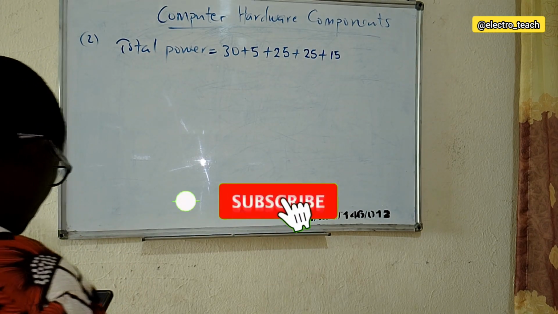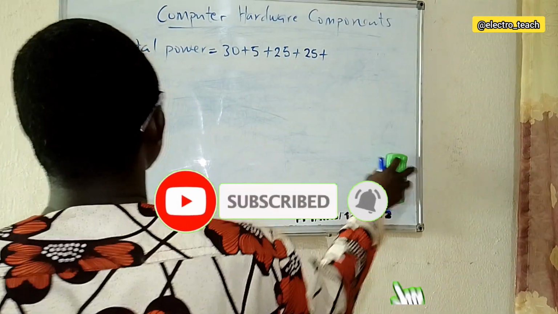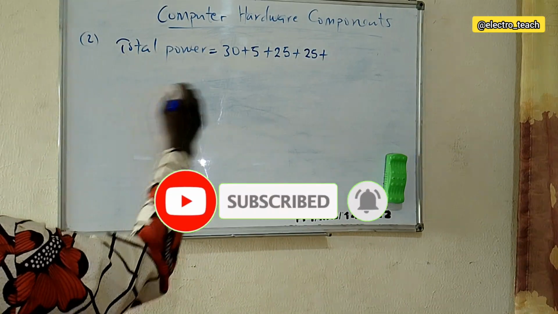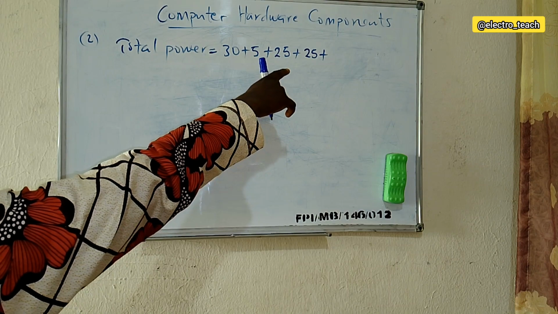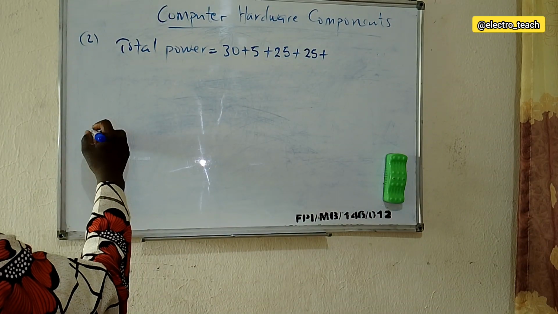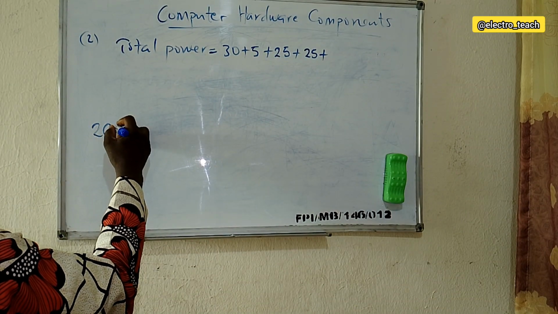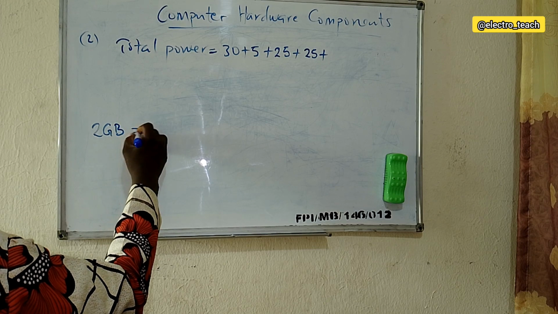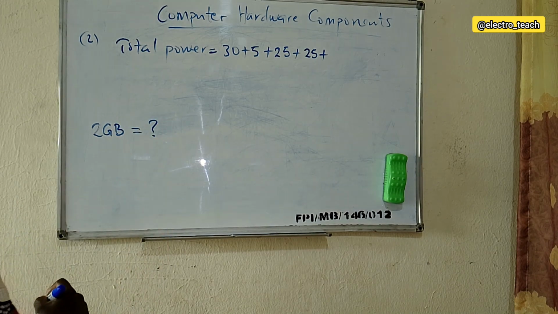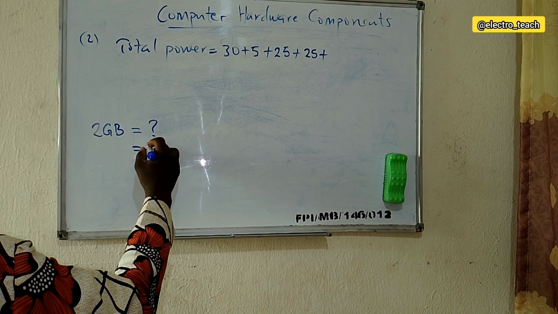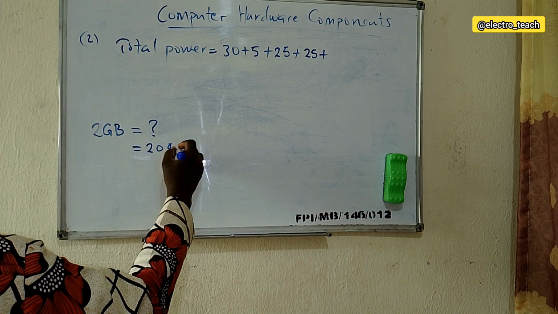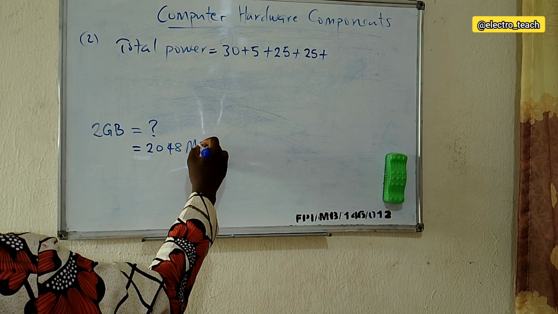So out of 2 gig, before we determine the total power consumed by RAM, let's look at 2 gig. How much is 2 gig? 2 gigabytes is equal to how much? 2 gigabytes is actually 2048 megabytes.